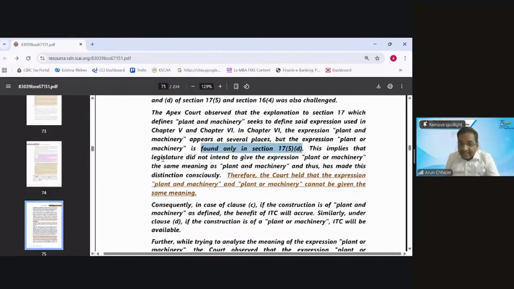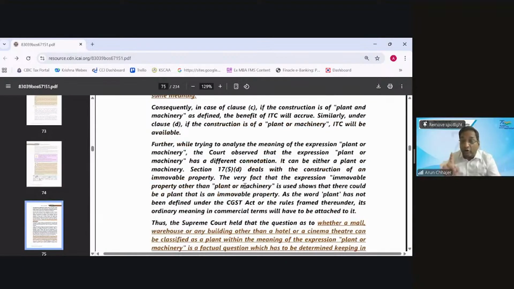This implies that the legislator did not intend to give the expression plant or machinery the same meaning as plant and machinery. Therefore, they have made this distinction consciously. Therefore, the court held that plant or machinery and plant and machinery cannot be given the same meaning.